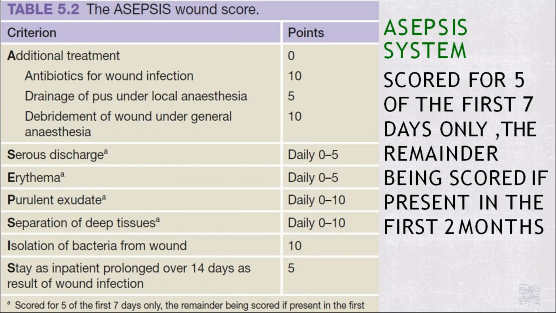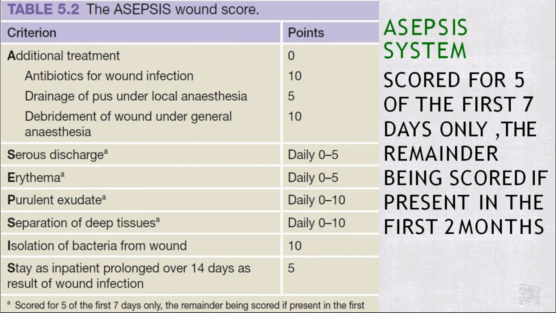Whereas serous discharge, daily, is 0 to 5, erythema 0 to 5, purulent exudate 0 to 10, and separation of deep tissues 0 to 10, whereas isolation of bacteria from wound. So how will you isolate the bacteria from the wound? Daily we will do the aseptic dressing.